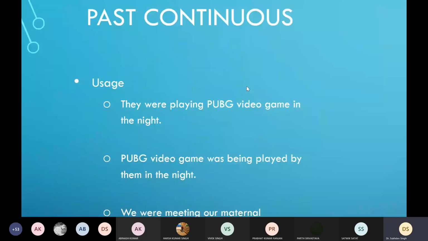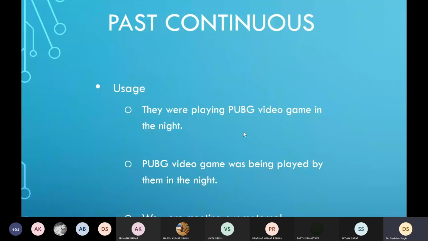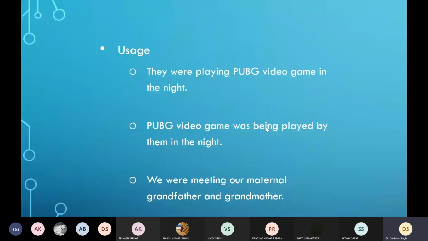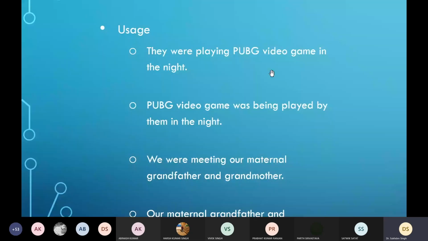Now past continuous tense. Look at the usage. We know the rule. They were playing PUBG video game in the night. We converted it into the passive. PUBG video game, which was the object in the first sentence, we will fix it over here in the place of subject.